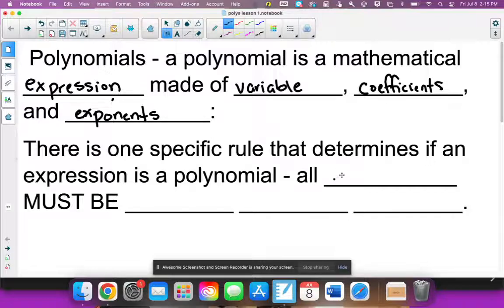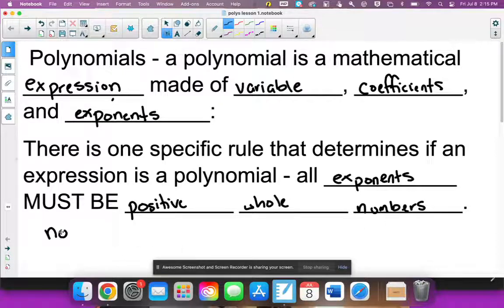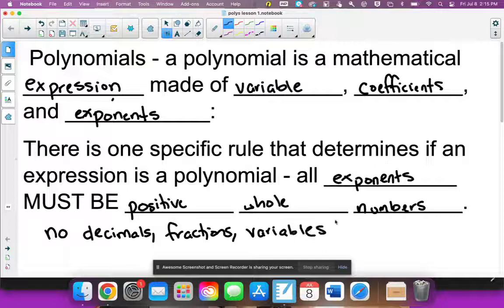Okay, all of your exponents must be positive whole numbers. Okay, so that means you cannot have decimals, you cannot have fractions, and you cannot have variables for your exponents.